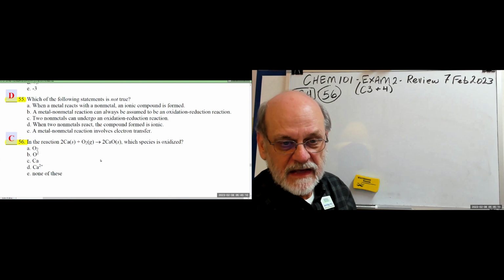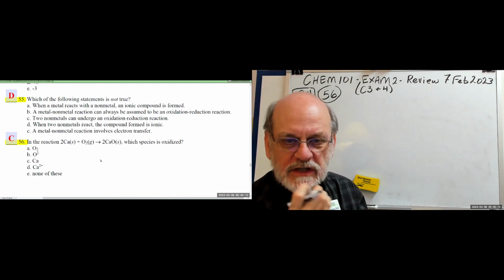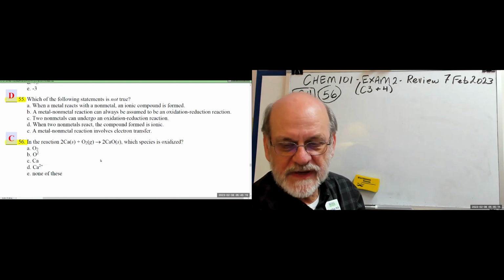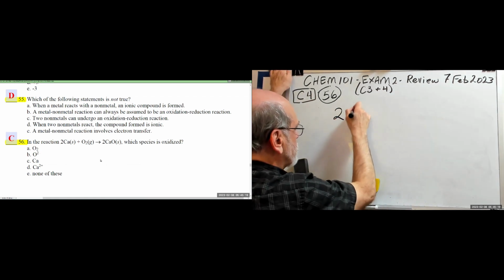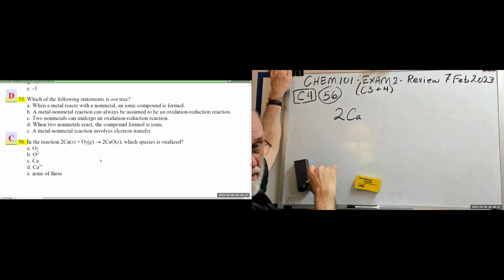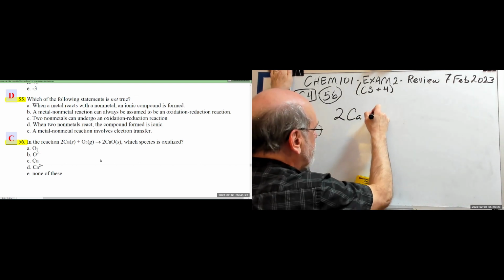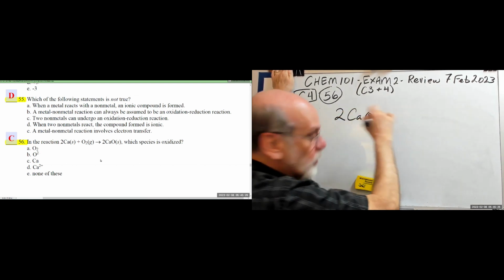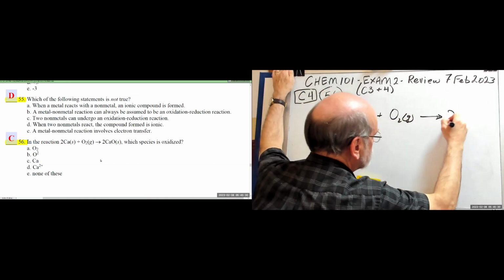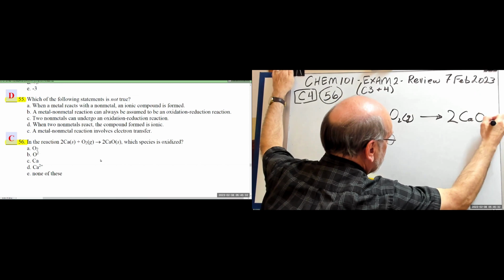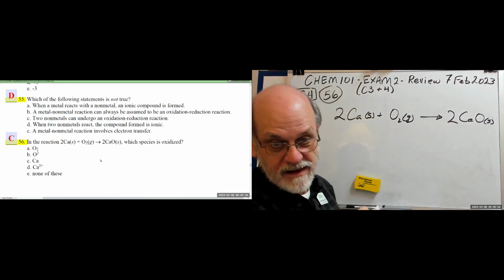56. In this reaction where calcium and oxygen yields calcium oxide, which species is oxidized? So we have two calciums plus one oxygen yields two calcium oxides, solids.